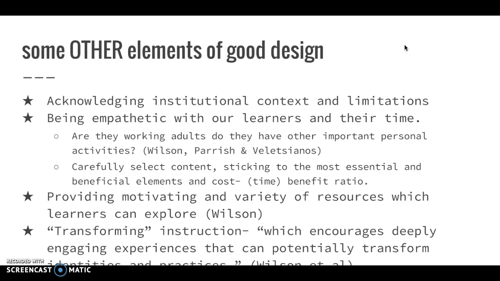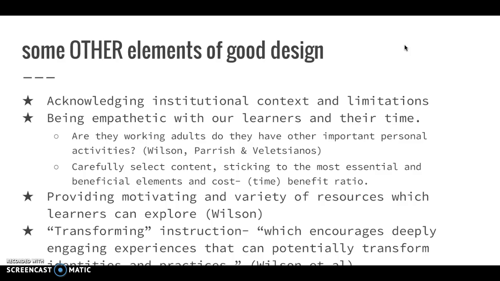They have other things to do besides the course that they're doing. And we need to, based on this, select the content carefully and really separate the chaff from the grain and think about what is most beneficial to them, and think about the cost benefit ratio.